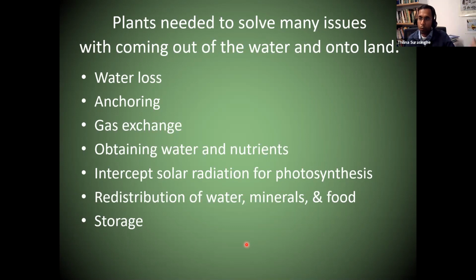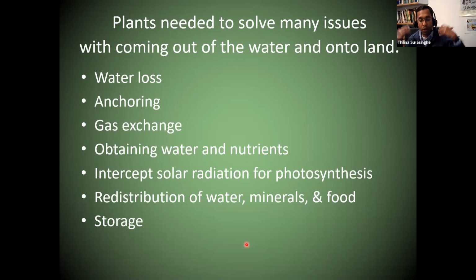Gaseous exchange. Well, you got rid of water and you are now on the land, right? Then you need to have a particular mechanism to exchange gases, absorb carbon dioxide, absorb oxygen. Obtaining water and nutrients. You should have a mechanism to absorb water and nutrients, because as algae, you can absorb things through the cell wall directly, right?